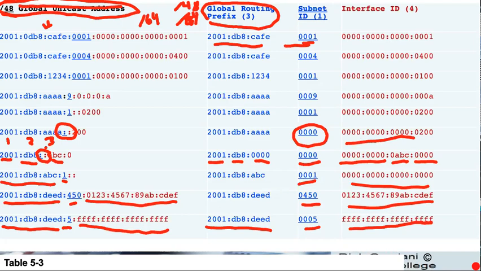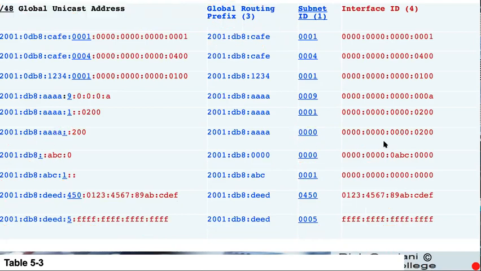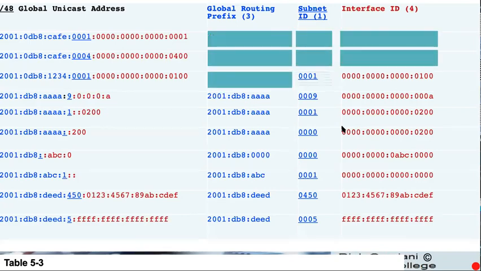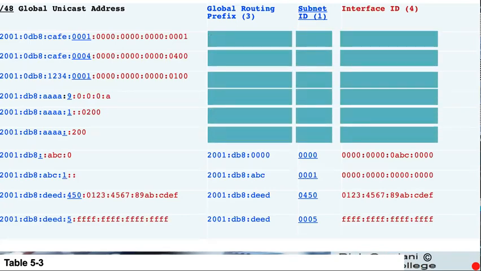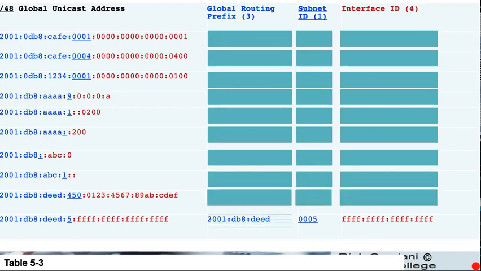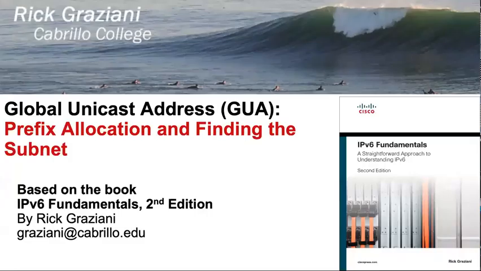Hopefully you're understanding this stuff. If not, please let me know. Okay, that's enough for prefix allocation and finding the subnet. More in later videos.